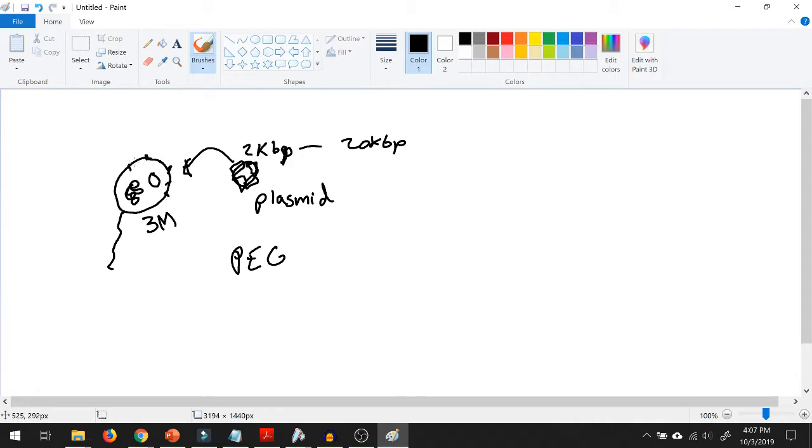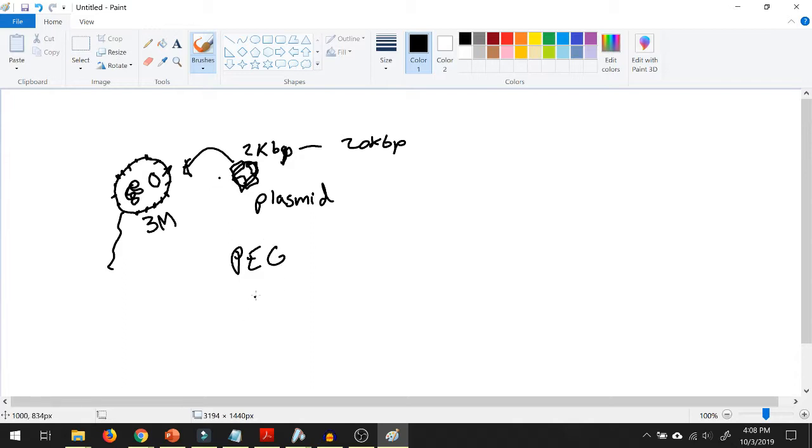Because polyethylene glycol is a polymer that will interact with the lipid membrane of the bacteria. It kind of creates pores and holes in it. And this helps the DNA get inside the cell, right?